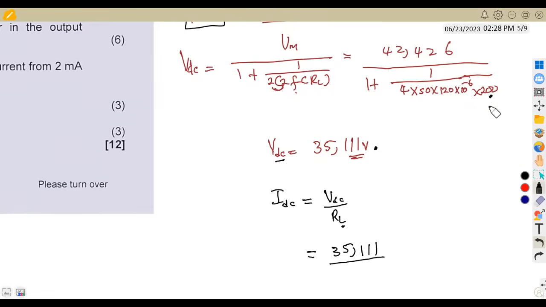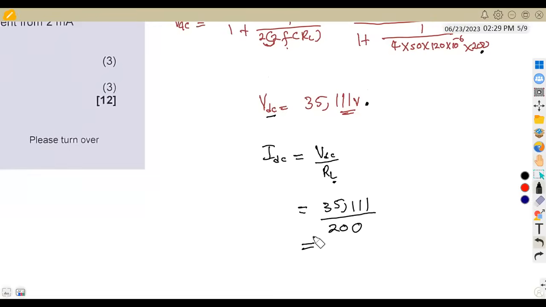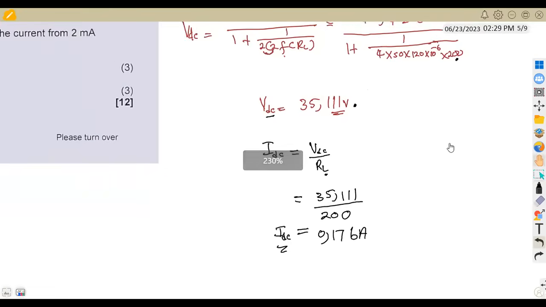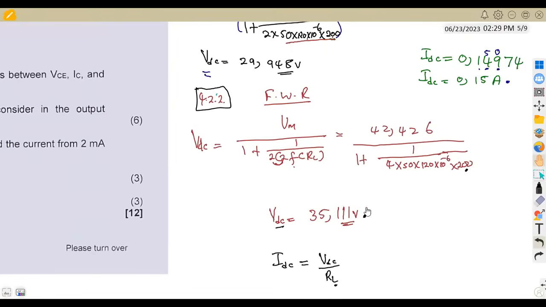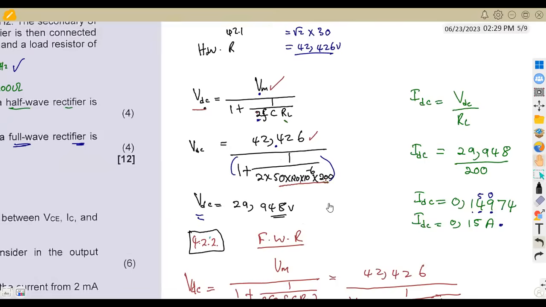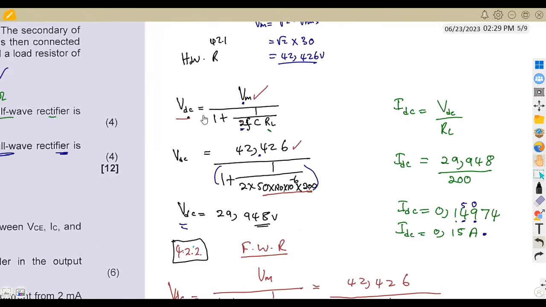Remember, our RL was 200 ohms, so we divide by 200 ohms. This is going to give us an output current of 0.176 amps. So that is our IDC when it is used as a full wave. The question is to understand the difference between when it is used as a full wave rectifier and when it is used as a half wave rectifier.